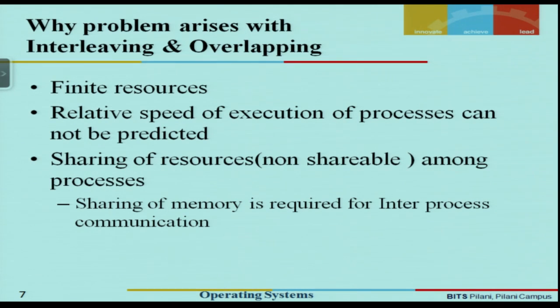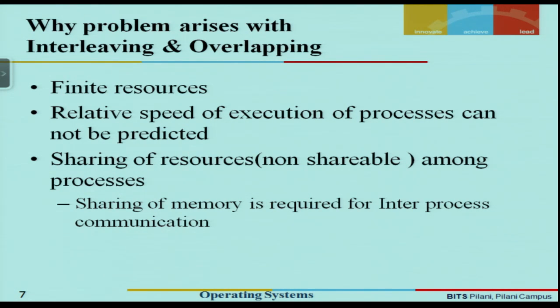An example of a shareable resource is a read-only file which can be shared across many users simultaneously, whereas an example of a non-shareable resource would be a printer, where at any given point of time only one process could be printing; it cannot be shared with multiple processes. The issue mainly arises when we have non-shareable resources which are required to be shared among the processes.